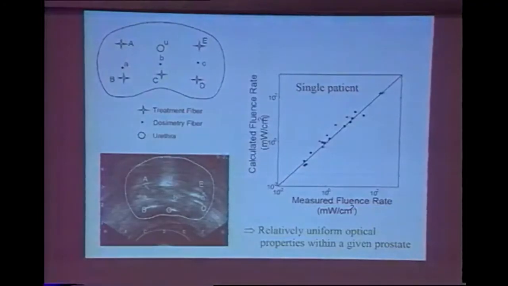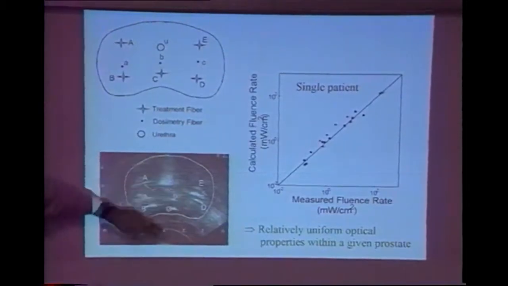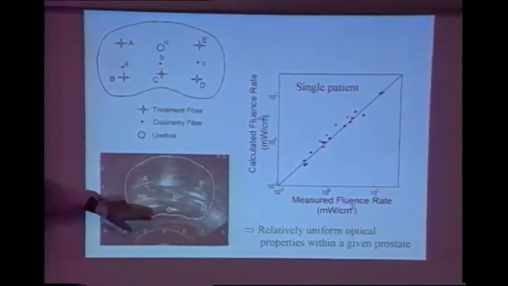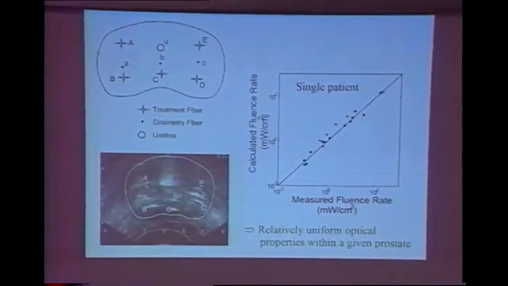And as an example of what you can do with that sort of system, here is the ultrasound cross-sectional image showing the various fibers, the detector fibers and the light delivery fibers. As indicated here, these stars are treatment fibers.